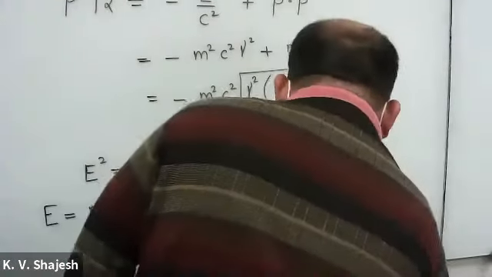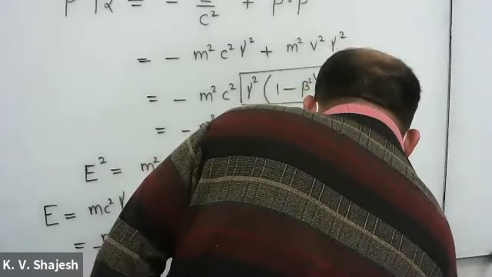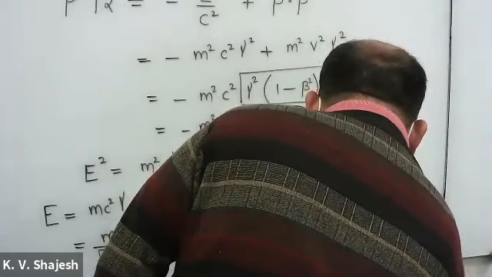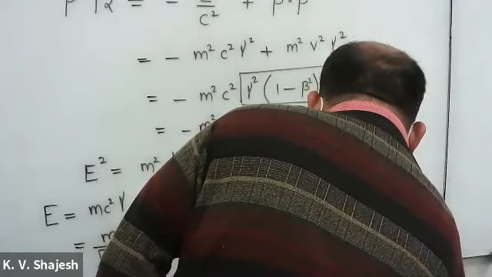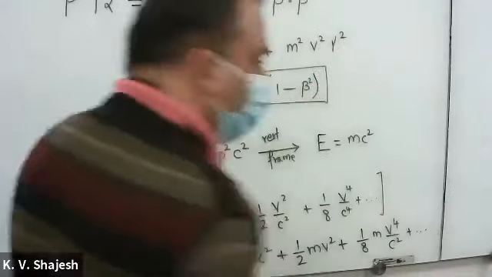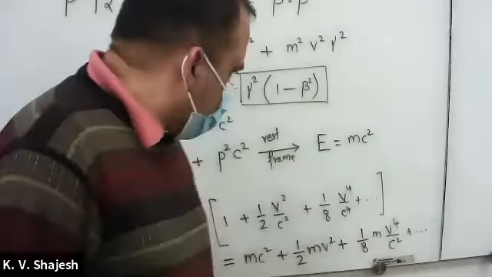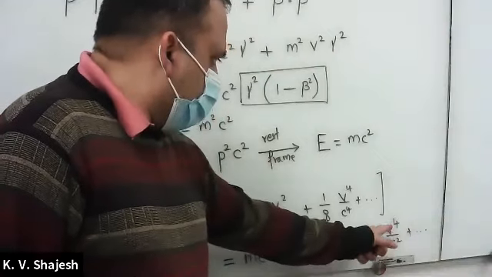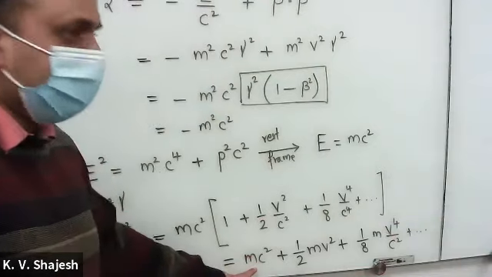Plus higher order terms, if you want, this is 3 over 8 m v raised to 4 over c squared, plus higher order terms. And all the higher order terms go to 0 if v was very small compared to the speed of light, but still this is there.